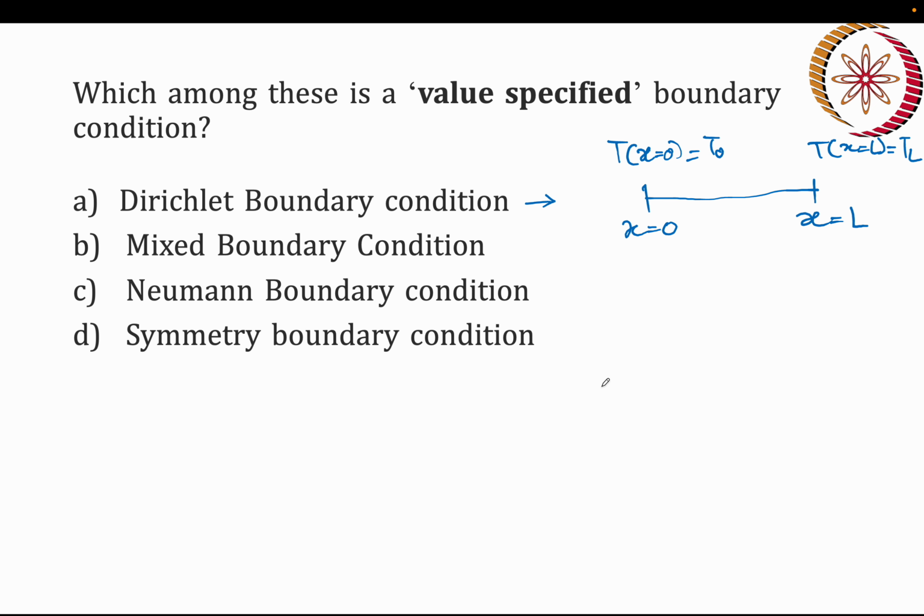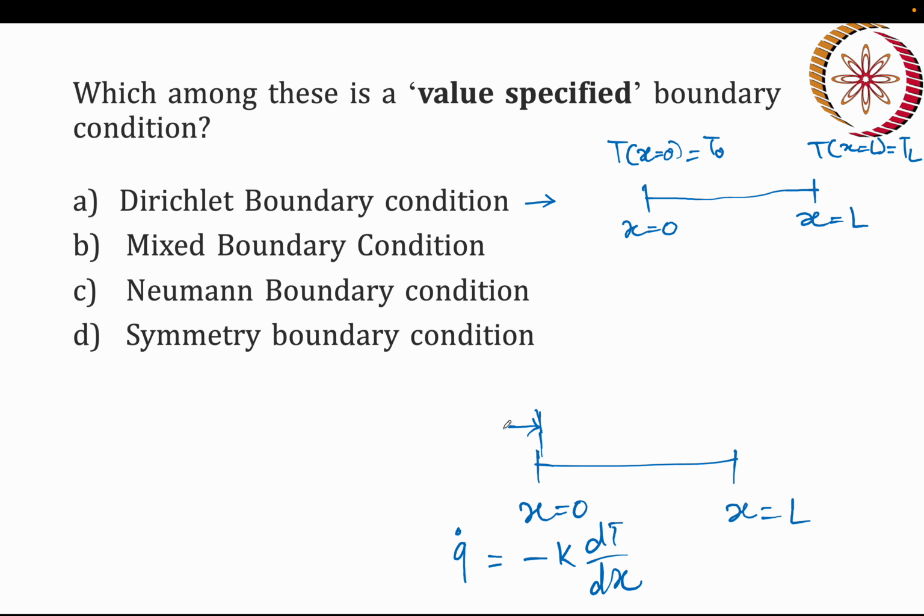And let's say there is another type of boundary condition. Let's say at x equal to 0 and x equal to L, we know how much heat flux is coming from this side. If you see the Fourier law of heat conduction, the rate of heat transfer is minus k dT by dx.